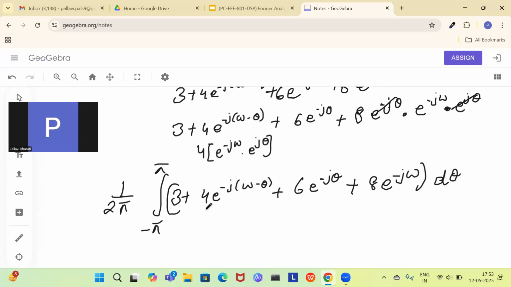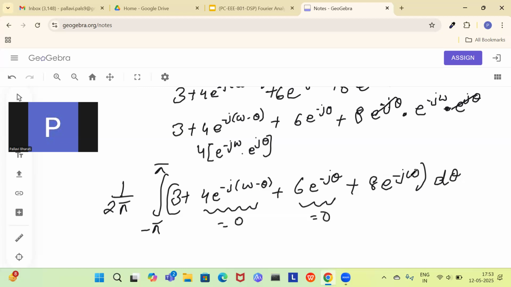So the second term and the third term become 0, because this is the integration over minus pi to pi, so only sine terms will come, and sine of 0 is 0.